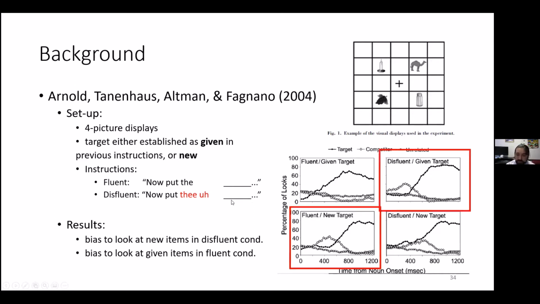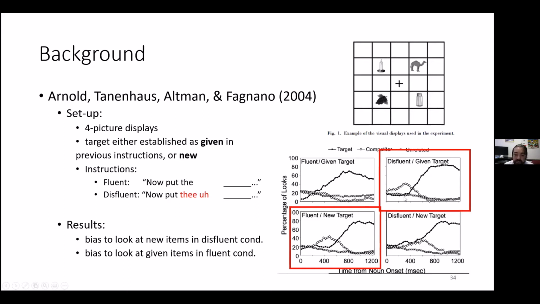I want you to pay attention to this diagonal that I have in red here. Notice that there's a bump of earlier looks to whatever the competitor is, but it's the opposite based on whether it's the fluent condition or the disfluent condition, okay? So when it's the fluent condition and the target item is new, participants have anticipatory looks to look at the given item, okay?